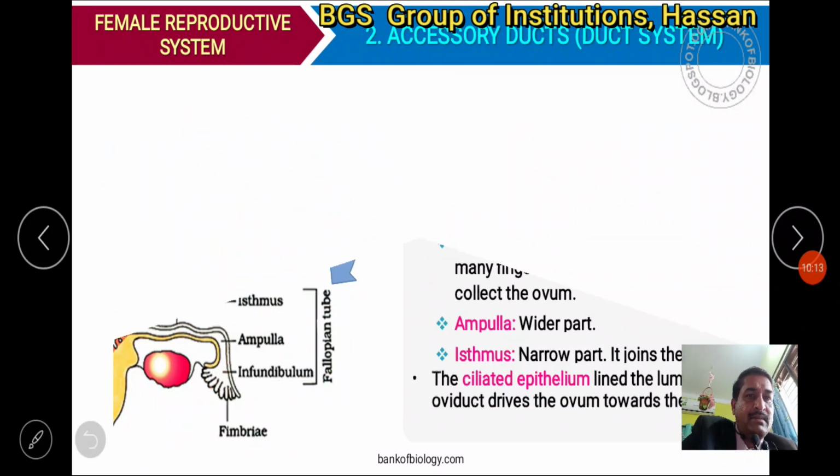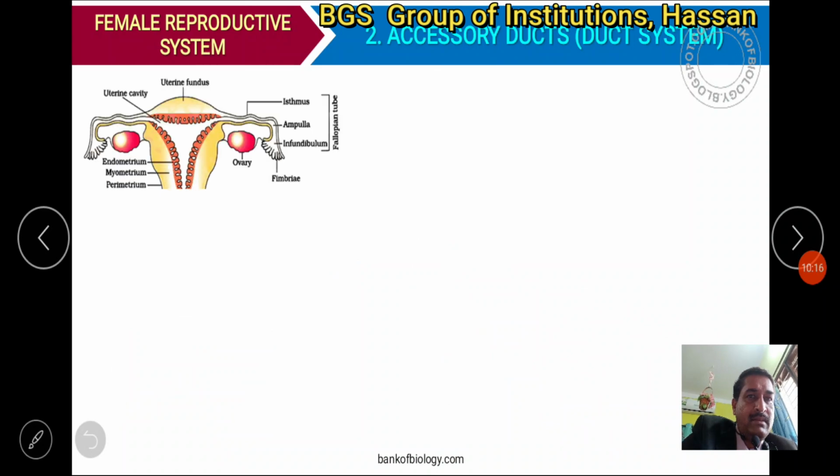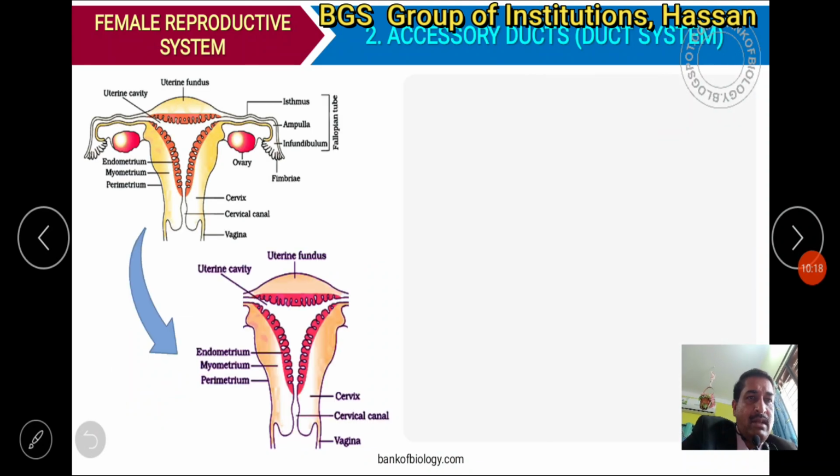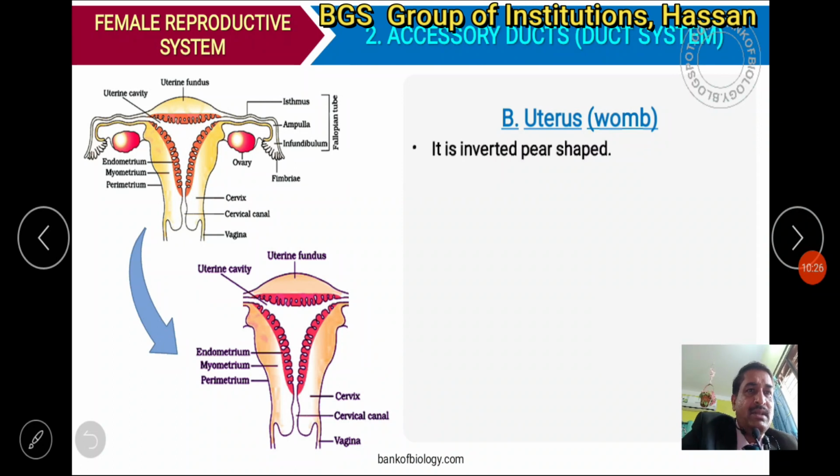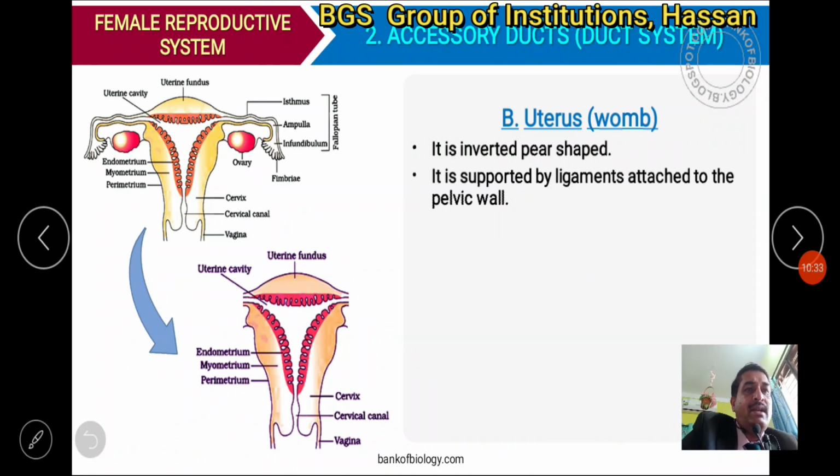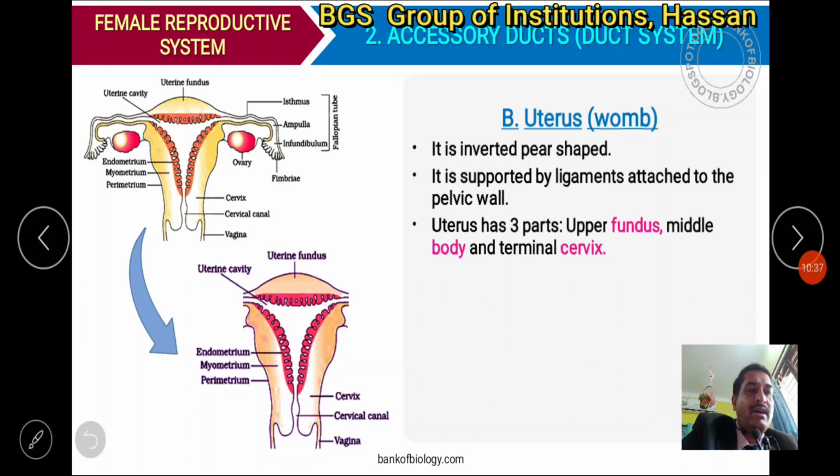Next part, in the accessory duct, the second part is the uterus. The uterus is inverted, pear shaped usually. It is supported by ligaments and attached to the pelvic wall.